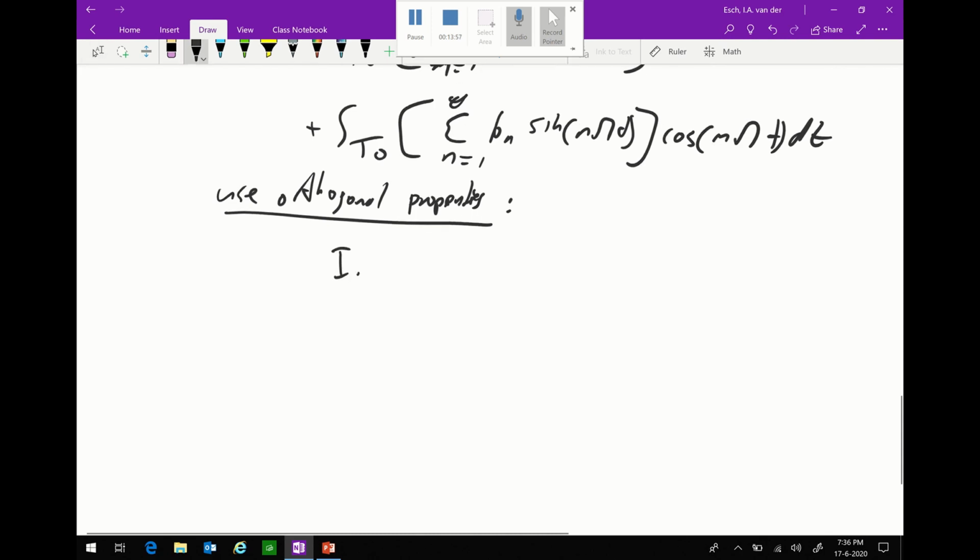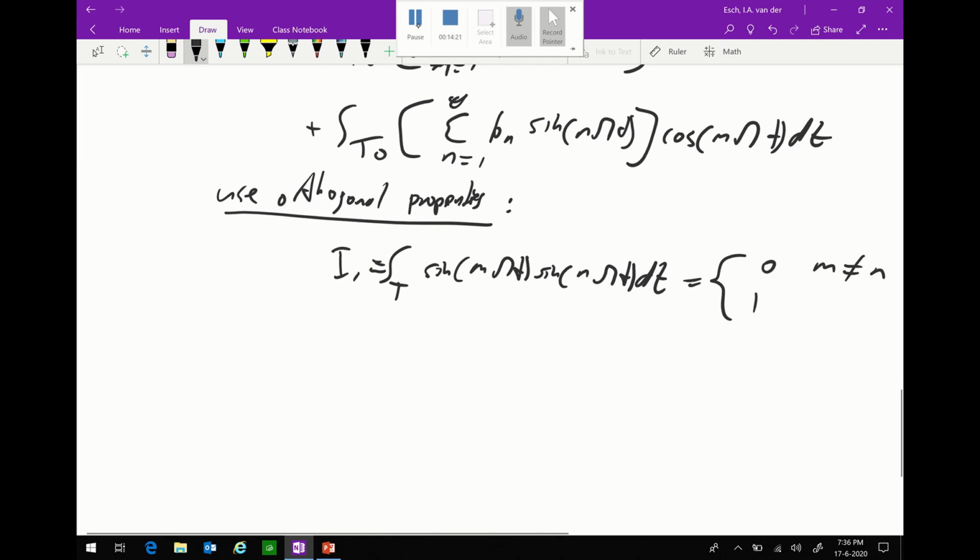Our first property is that the integral over a period of sine m omega t times sine n omega t dt is 0 if m is unequal to n, and it's T over 2 if m is equal to n.